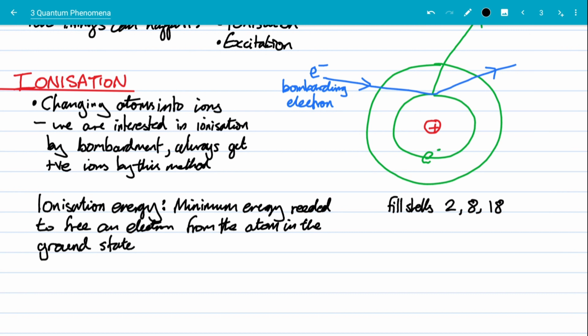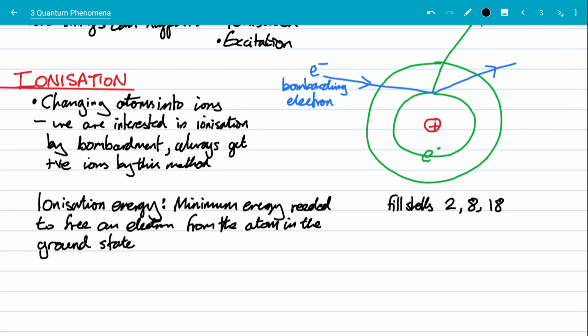I should probably write this down. Let's write it here. An electron, and let's call it a bombarding electron. Remember, we've got to make sure we clear the difference between them.